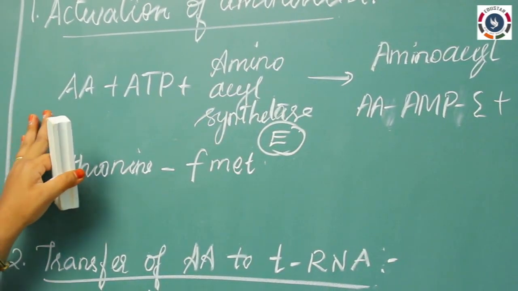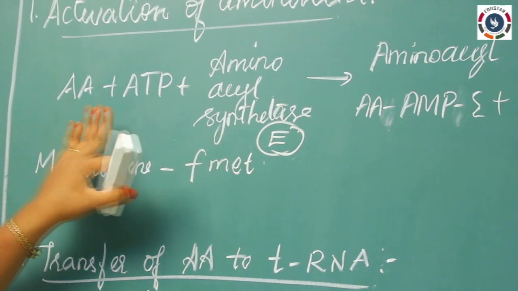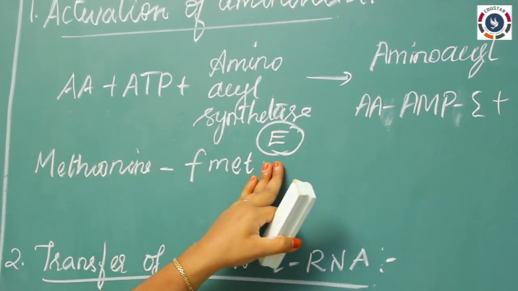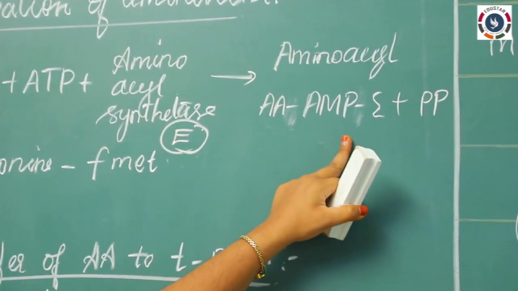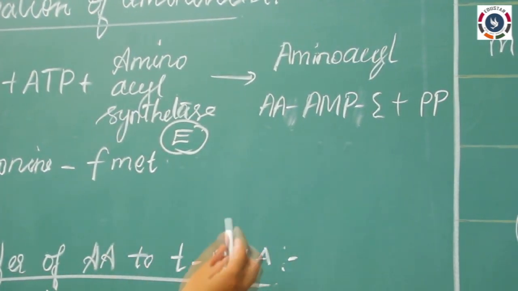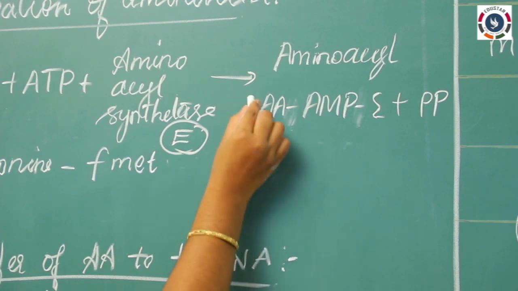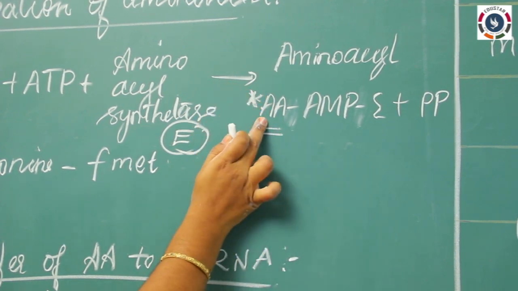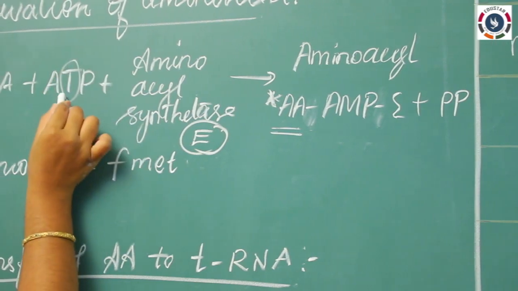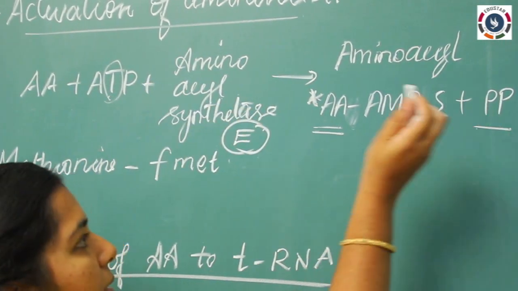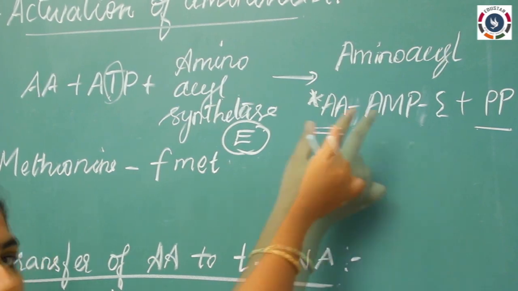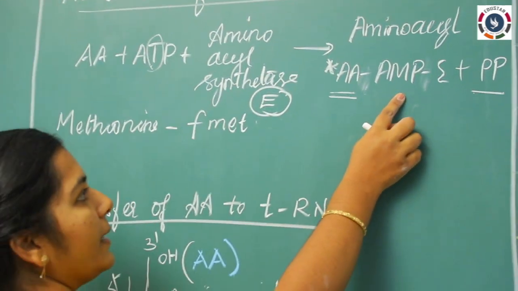So the amino acid present in the cytoplasm, along with our ATP plus our enzyme, will form an AA-AMP-E complex. I will explain what it is. Now the amino acid is getting charged. Why? Because here you have this triphosphate. Two phosphates will be released outside, and you will get amino acid monophosphate.